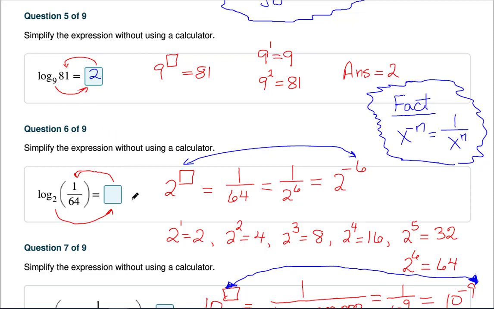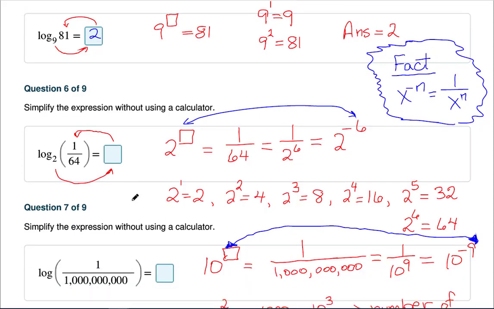In question 6, we have 2 raised to some answer must equal 1 over 64. So 2 to the something, we need to find this exponent, is 1 over 64. Well, do I know anything about 64 and powers of 2?